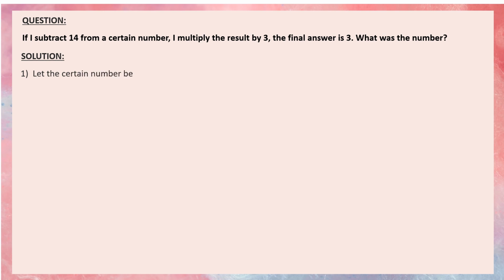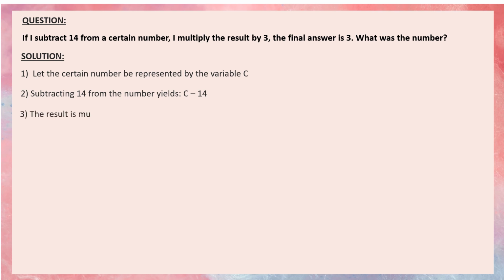What we say here is we don't know what this certain number is, but we will represent this certain number by a variable called c. And then 14 will be subtracted from this number, and that will yield us c minus 14.